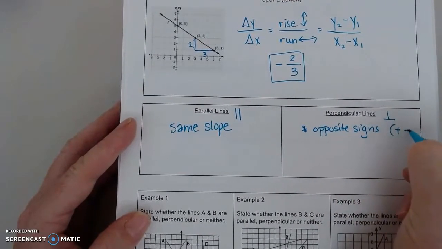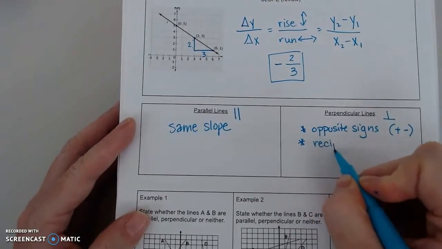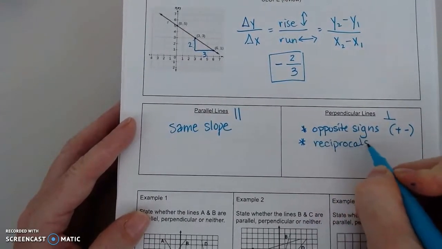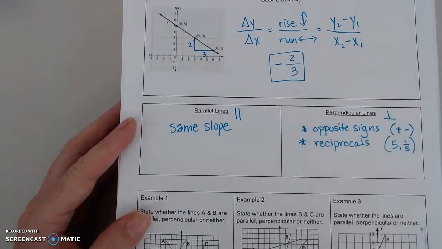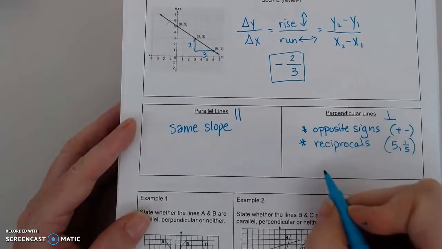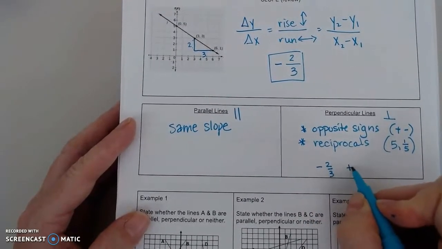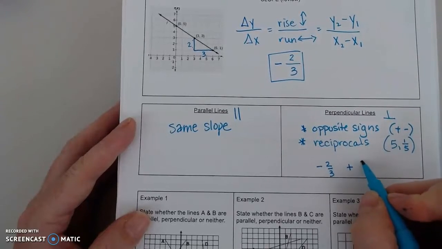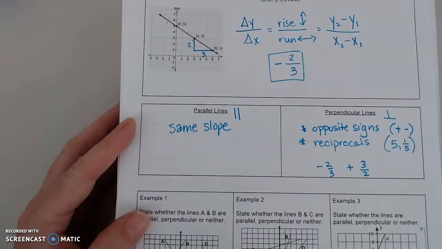So one is positive, one is negative, and they must be reciprocals. Now, a reciprocal is like 5 and 1 over 5, okay? So if I had the slope of like negative 2/3, the perpendicular slope would be positive 3 over 2. All right, those would be perpendicular lines.